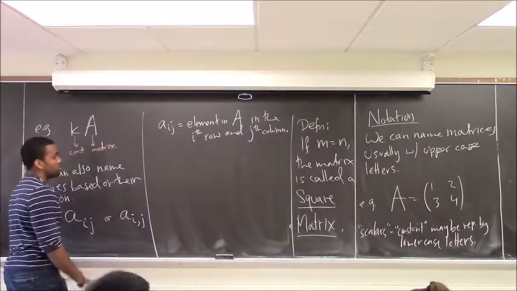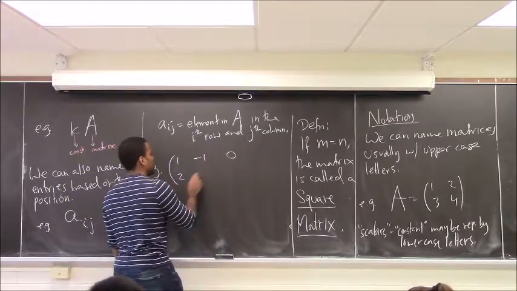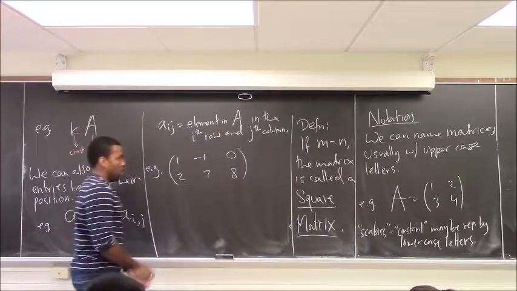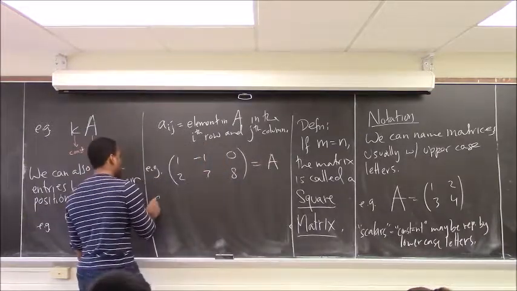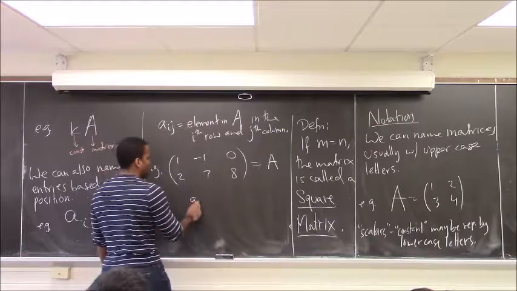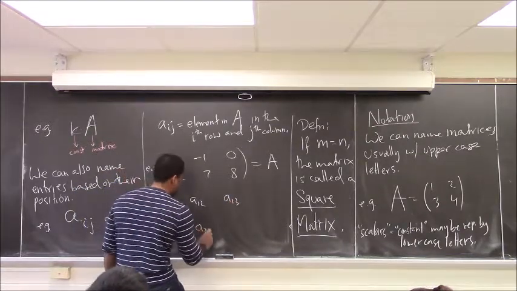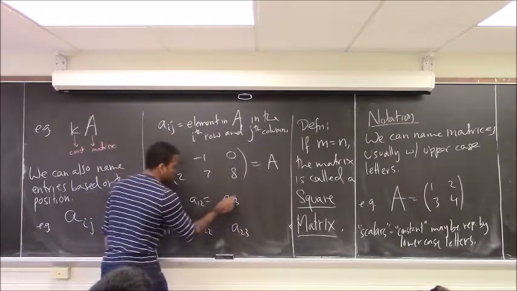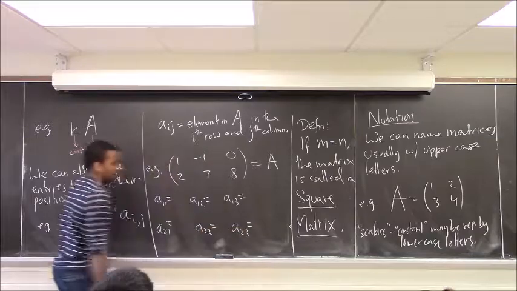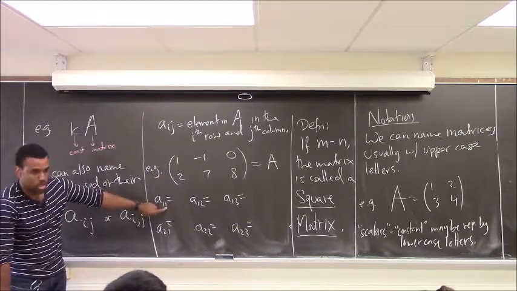So, for example, here, say this matrix is 2, 7, 8. If I call this guy A, I can refer to a11 and a12 and a13 and a21 and a22 and a23, right? These will all refer to certain numbers in the matrix, and this is referring to the element that is in the first row and first column.